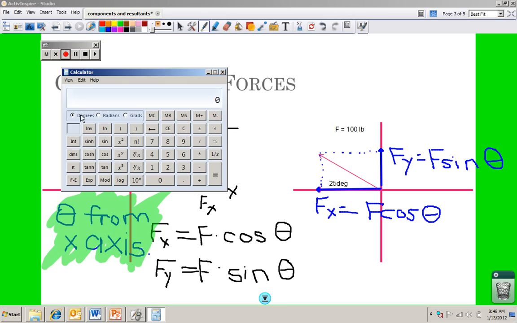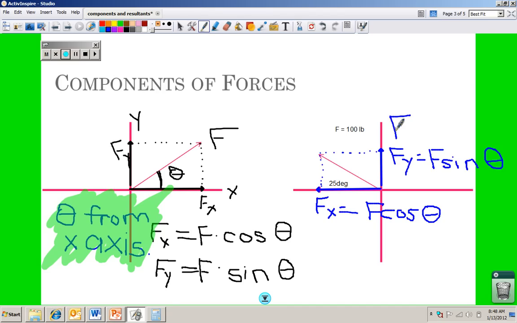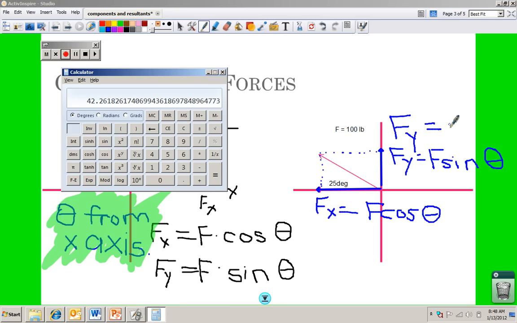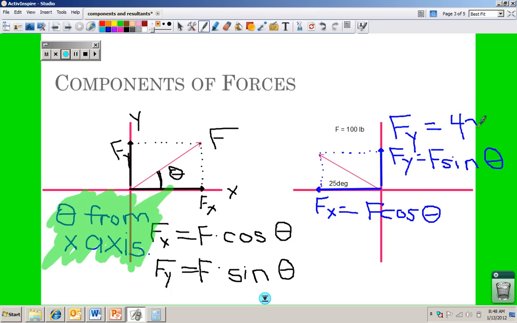Alright, be sure you're in degrees on your calculator, and we'll start with Fy. We want 25 degrees sine, okay, and then I want to multiply that times 100. And so I get f sub y is, let's look again, it was 42.3. And don't forget to use units here, guys. Pounds. Okay?